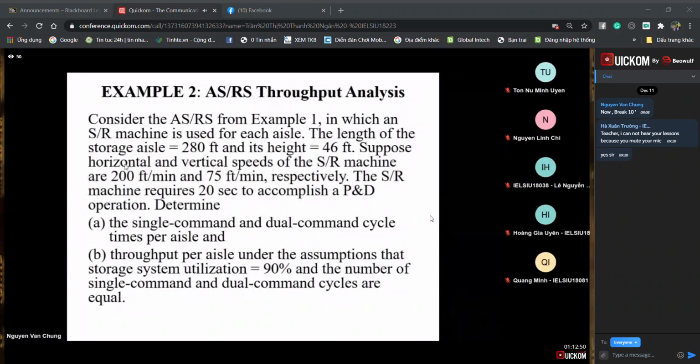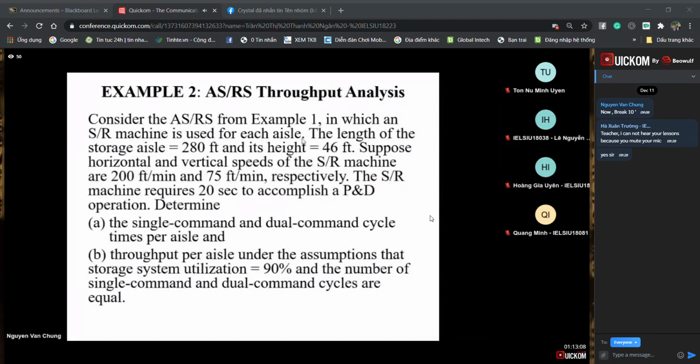In which an SR machine is used for each aisle.